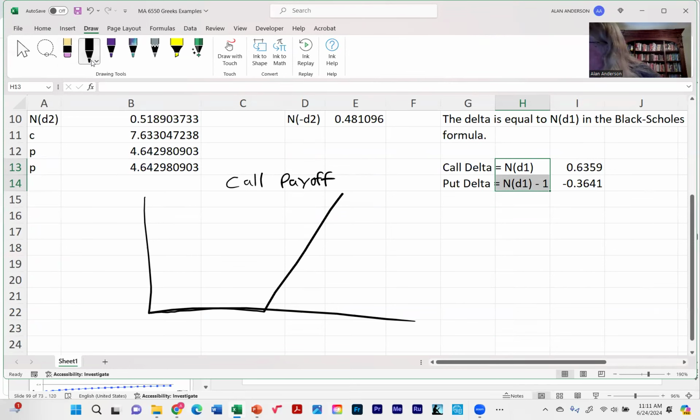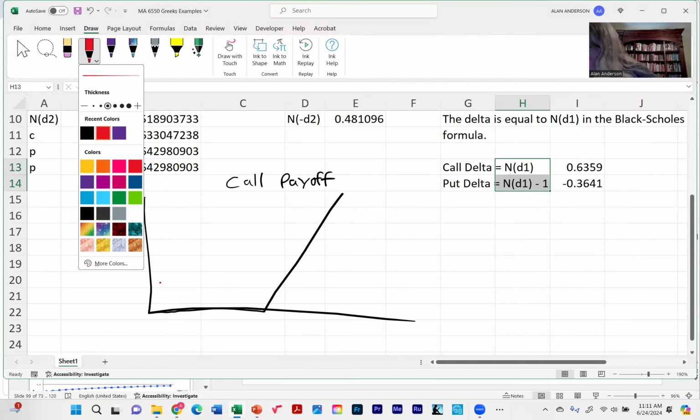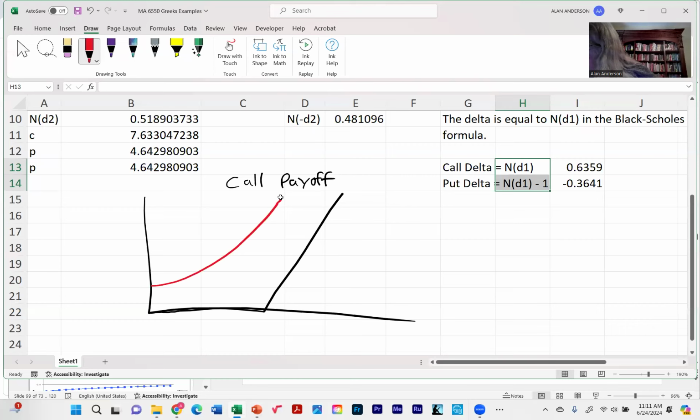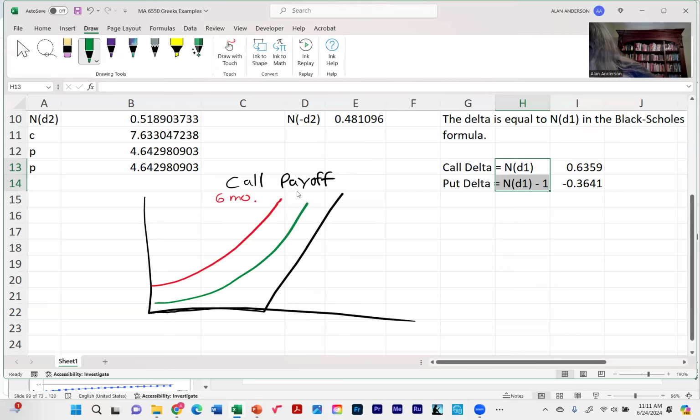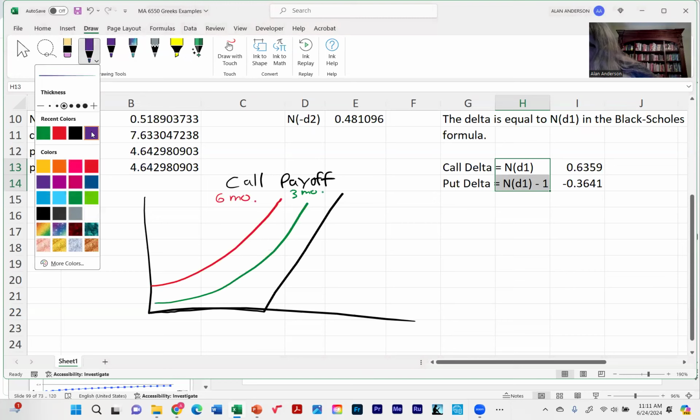So when we have a long time to the maturity date, let's say this is 6 months to maturity. Then we'll put green for 3 months. And then let's say purple will be 1 month.